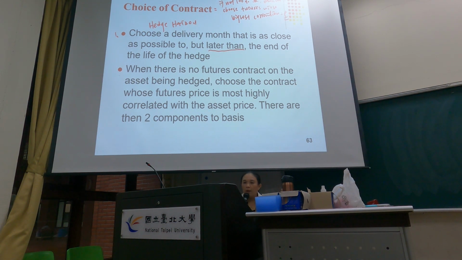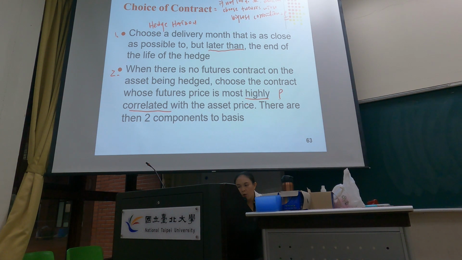So when there are some bases, which means difference in time, you have to do the full hedge, then the contract you choose has to be longer than the time you want to hedge. Agree? Okay? To be able to hedge for periods. Okay. Secondly, when there is no contract on the asset being hedged, choose the contract whose futures price is most highly correlated. Remember this?